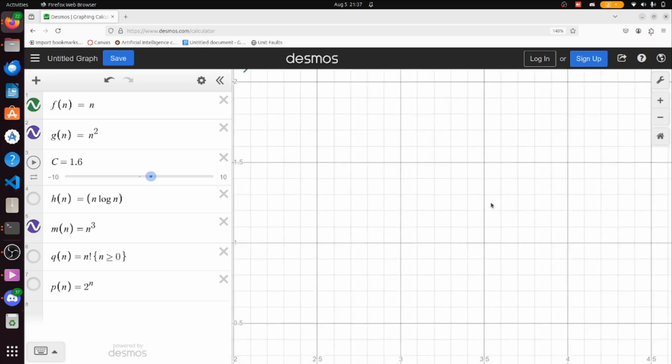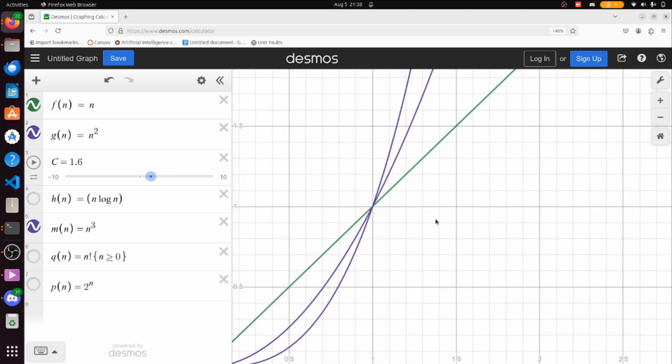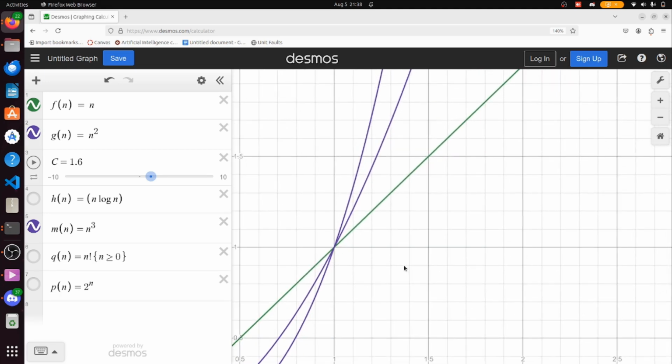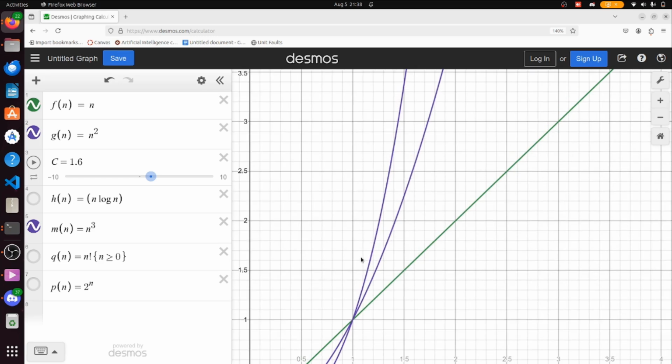They both cross for the last time at the same point. But as you can see, the n squared term is always closer to the n term, the term we're looking at, for all values of n. It's always closer, so we consider this to be the tighter bound than n cubed. So that's what the tightness of a bound means.